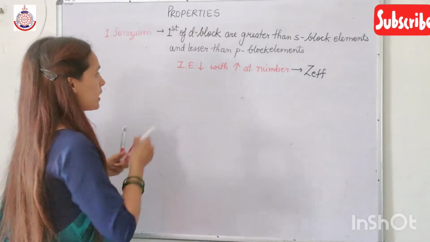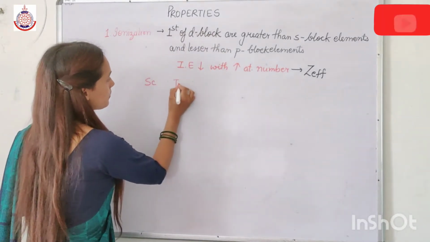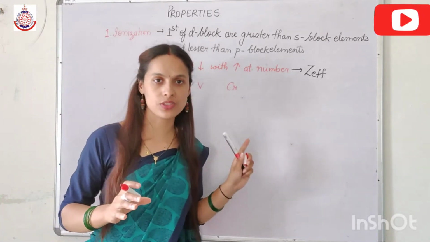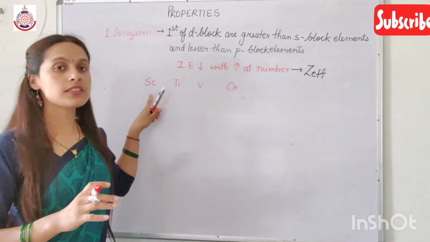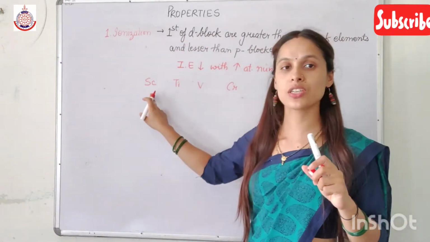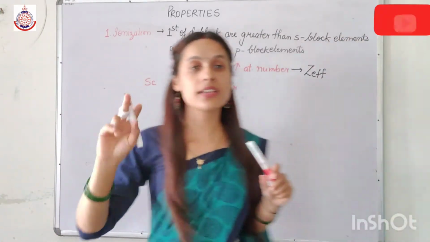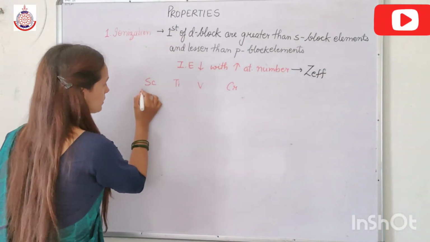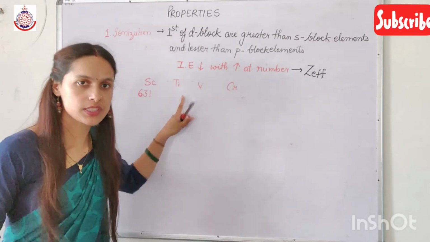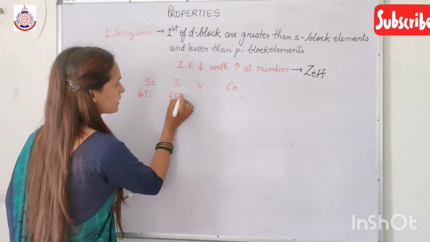For example, scandium, titanium, vanadium, chromium, these are the elements of the first transition series. Now, the first ionization enthalpy of scandium is 631. The first ionization enthalpy of titanium is 656.